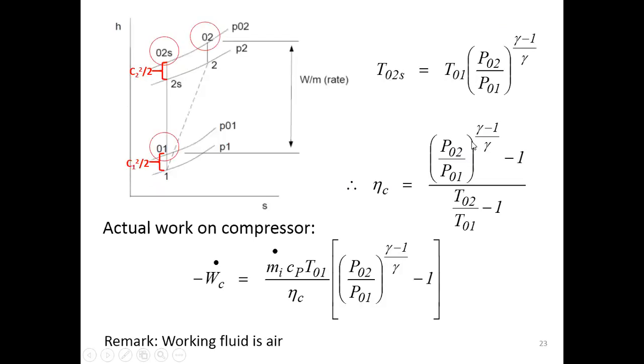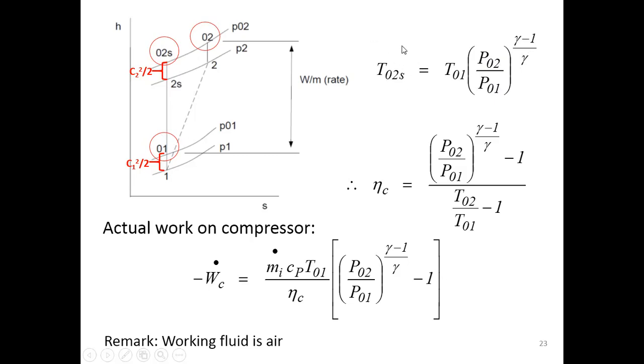Okay. How about if we look at the overall process from 01 to 02s, which is the isentropic process? If we apply the isentropic process relationship, this is what we have: T02s equals T01 times P02 divided by P01 to the power of gamma minus 1 divided by gamma.